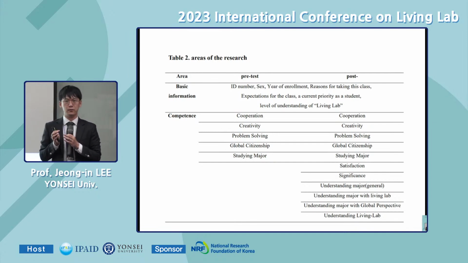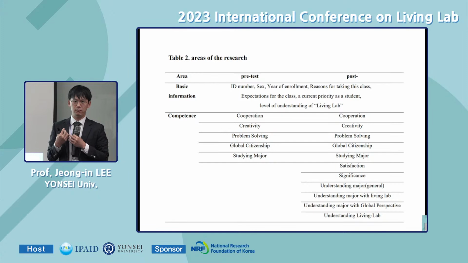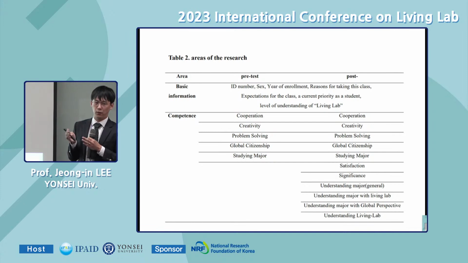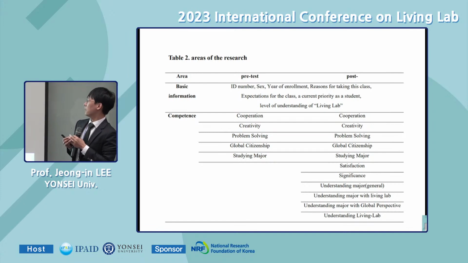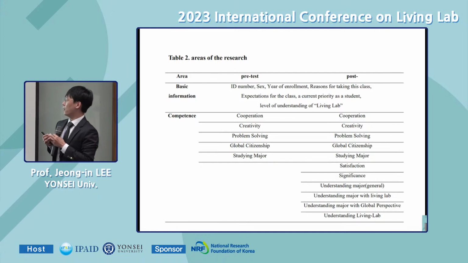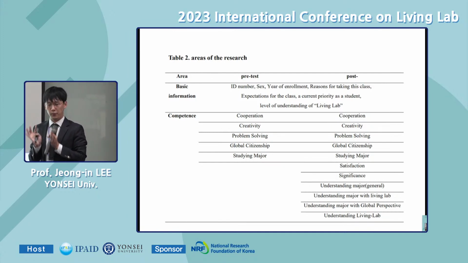We also gather some helpful information about students, like sex, year of enrollment, reasons for taking this class, expectations for the class, current priority in the student's life, and the level of understanding of living lab before. This is basic information to understand each student's background and motivation.